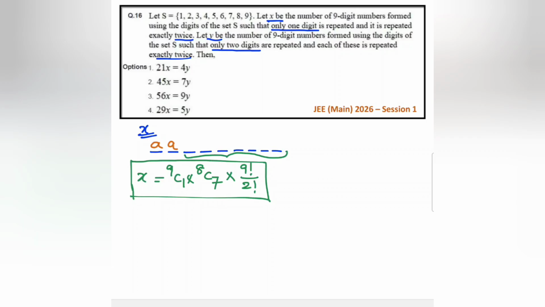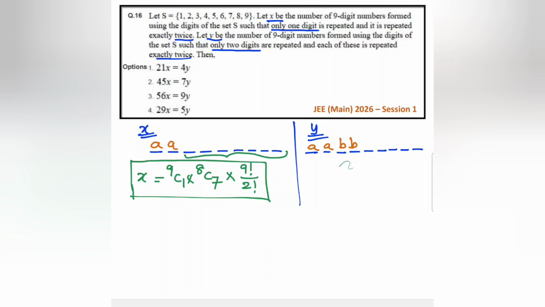Okay, now similarly let us take this y. So what is y? 1, 2, 3, 4, 5, 6, 7, 8, 9. Here it is given that 2 digits are repeating. Let's call it A, A, B, B. So which means 2 digits A and B, I have to choose from the 9.